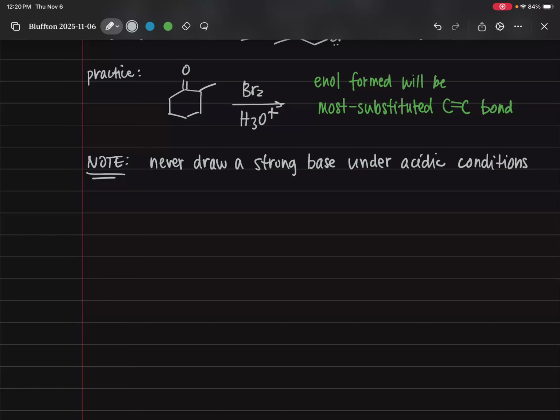This is something you should have learned in Chem 1, but I'm not making any assumptions. Never draw a strong base under acidic conditions. So for example, that would be something with an O minus, and acidic conditions might be something like H3O plus, right? You should never have these two things present in a mechanism at the same time.